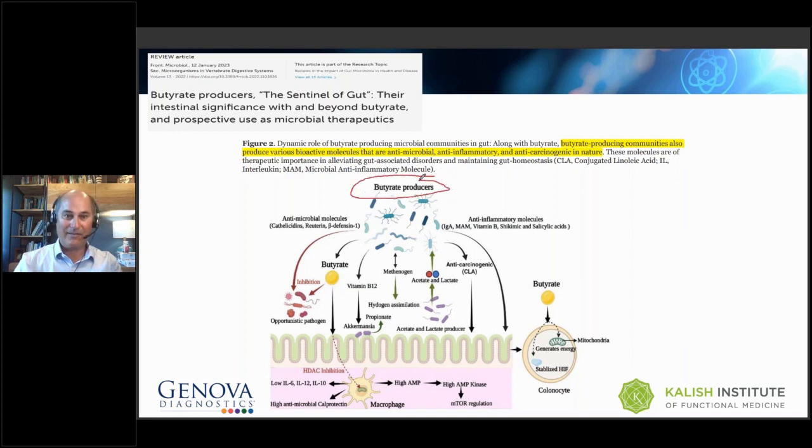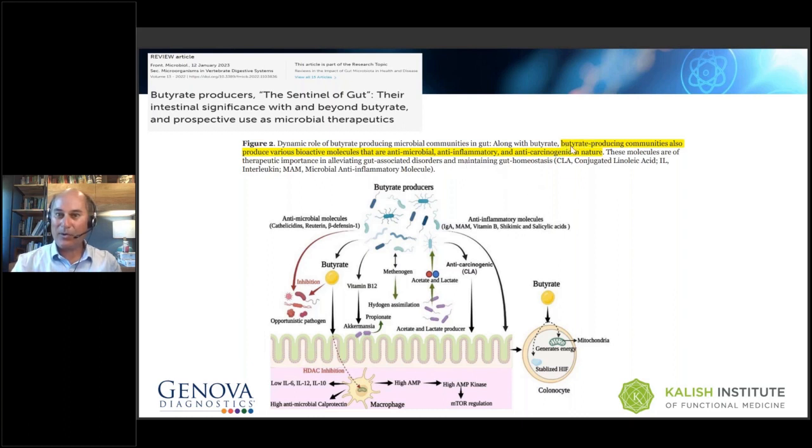And once they make that butyrate from the fiber, here are all the wonderful things that can happen: anti-inflammatory molecules, anti-carcinogenic molecules, vitamin B12, all these good things. And here's our butyrate over here. This all stems from that one set of bacteria growing out properly.